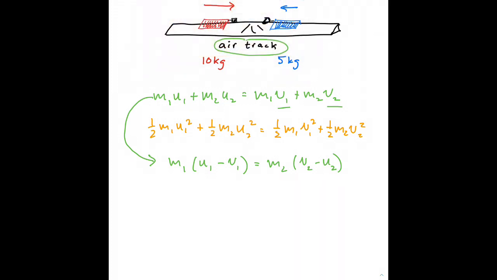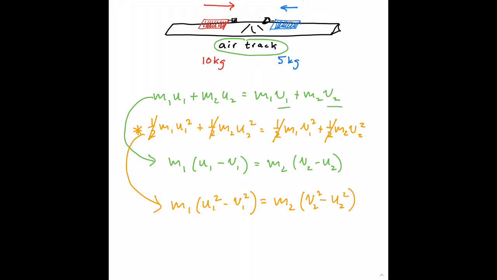Let's try to rearrange the equation that states how kinetic energy is conserved. I can multiply through both sides of the equation by 2 to cancel all the 1/2s, and then I'll get all the 1s on one side of the equation and all the 2s on the other. So we get m1 times (u1 squared minus v1 squared) equals m2 times (v2 squared minus u2 squared).